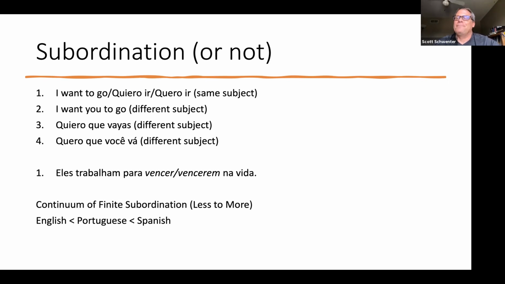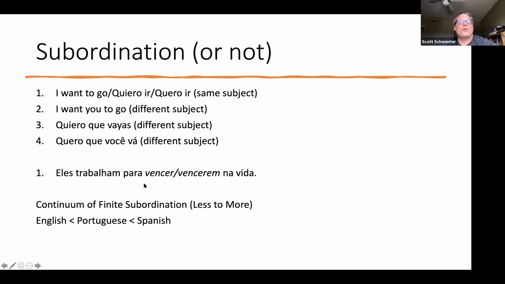That's what infinitive means. But you have a form in Portuguese that you can actually conjugate. So here's an example. Eles trabalham para vencer ou para vencerem na vida. You can say either one. So they work in order to be successful or whatever in life. Okay.